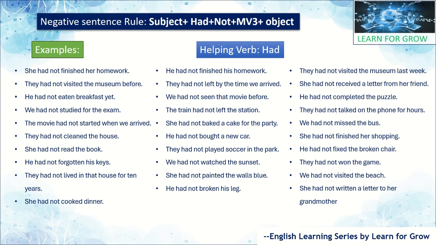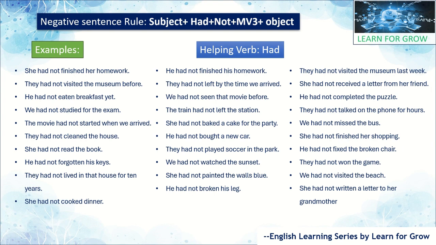And the third form of the main verb, as I said before, is nothing difficult. In between had and main verb form 3 we use not, which gives the negation, the denial. You need to remember helping verb, not, main verb form 3. This is similar to the affirmative sentence; instead, we are only adding not additionally.